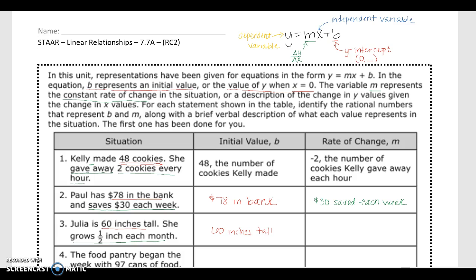So are we adding to her height or taking away? Adding, right? And here before we were saving money, so we're adding money. Here we're adding half an inch each month. Okay, keep going.